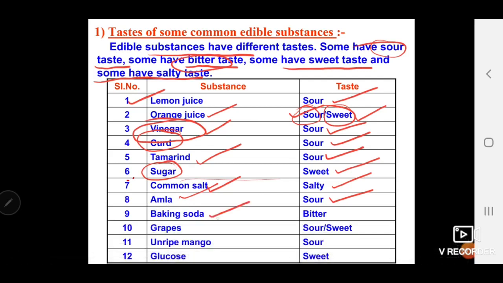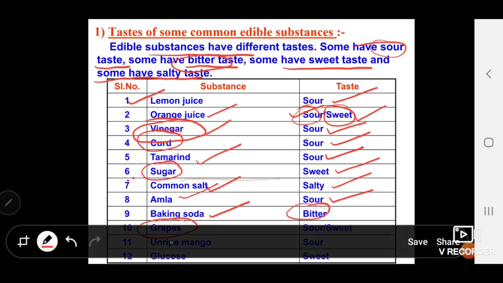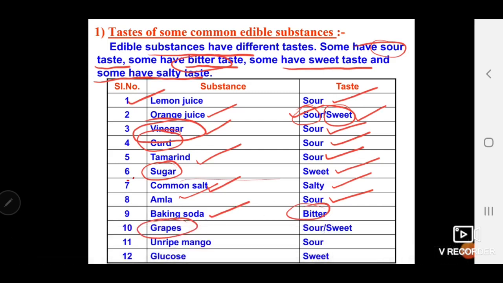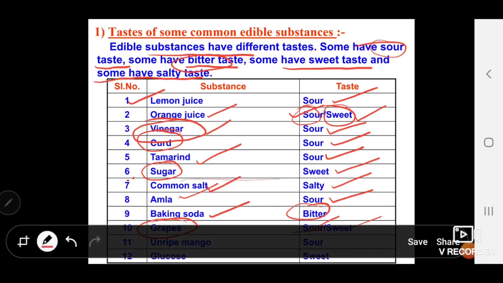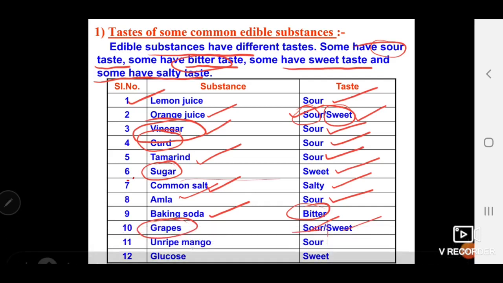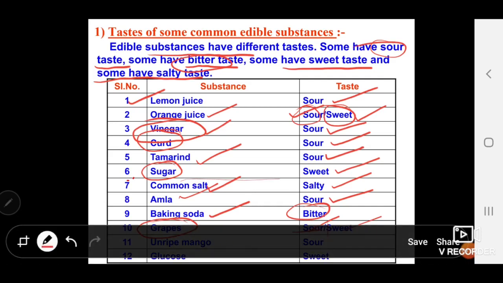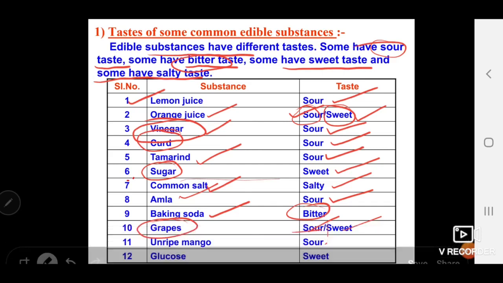And baking soda, it is bitter in taste. Grapes, everyone experiences it by eating grapes. Grapes are sour and also sweet. If it is a tender grape, it is sour in taste. If it is a ripe one, we can experience a sweet taste. And unripe mango, in the sense a tender mango, is also sour in taste.